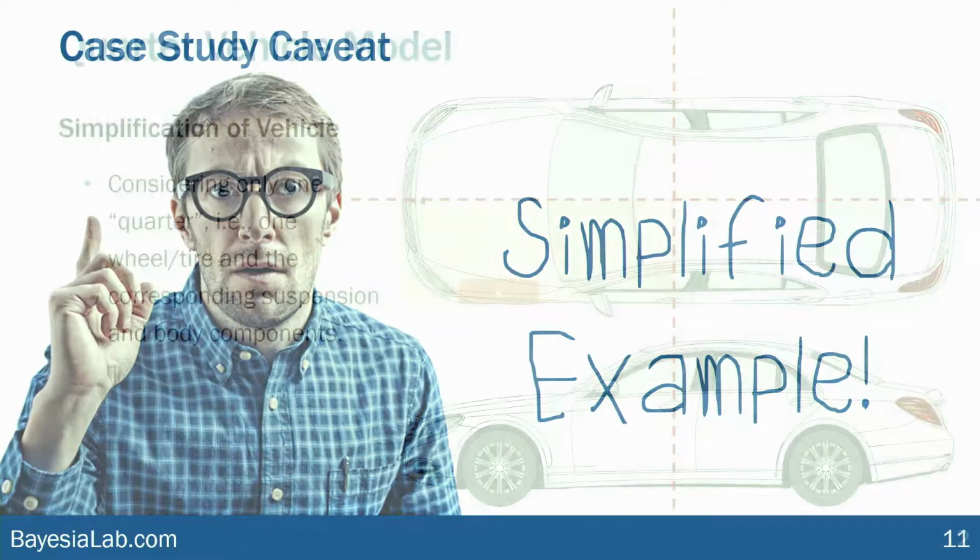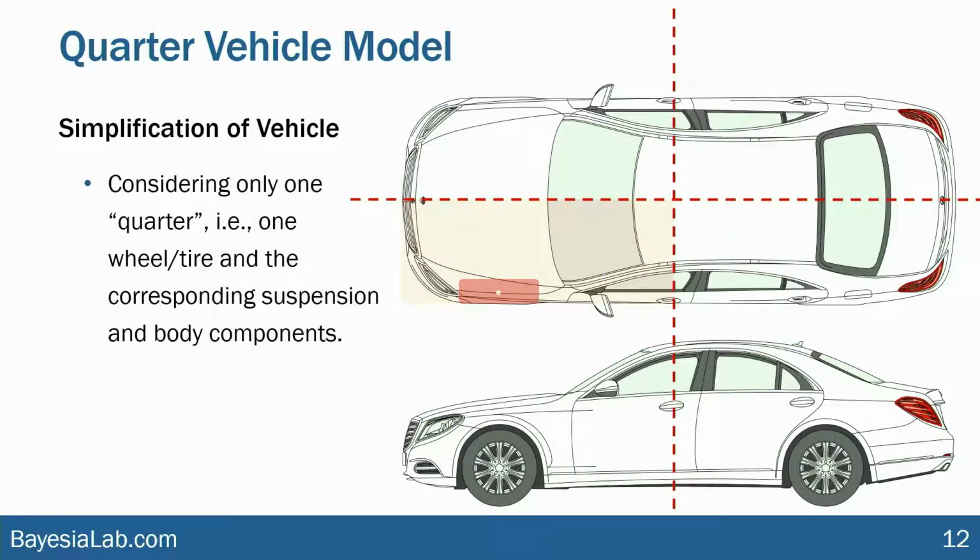So in the spirit of simplifying, we will not be looking at the suspension of an entire vehicle. Rather, we will just be looking at the suspension of a quarter, 1/4 of a vehicle, meaning one wheel tire combination plus the corresponding suspension parts and body components.